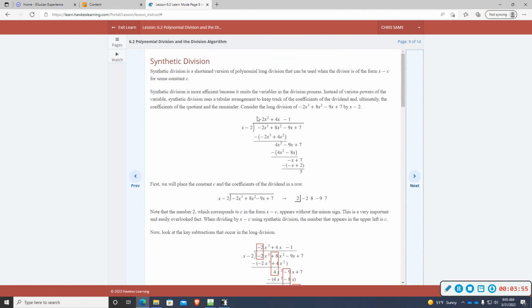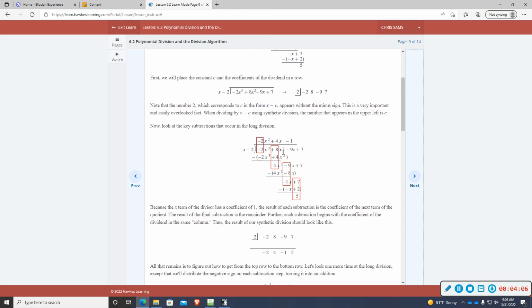And then synthetic division. So synthetic division is doing the same as long division, except it does not require all the variables. In its process, you will just use the coefficients of those numbers, the -2, the 8, the -9, the 7 over here. And then you would use the linear factor set equal to 0 and find out that number is 2, and that's what you're going to put in your box.